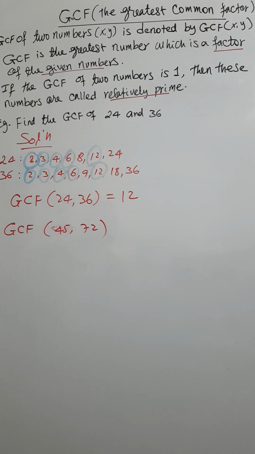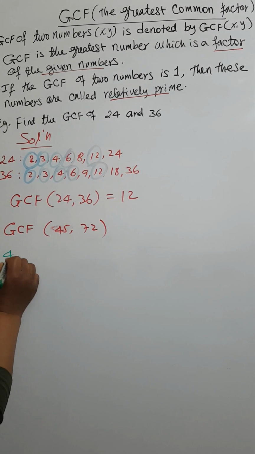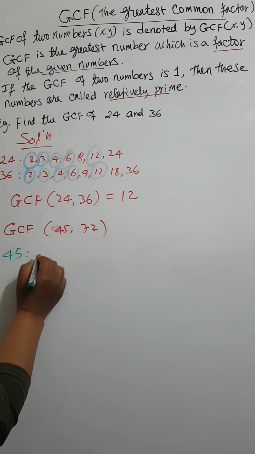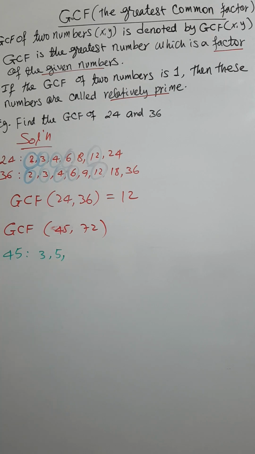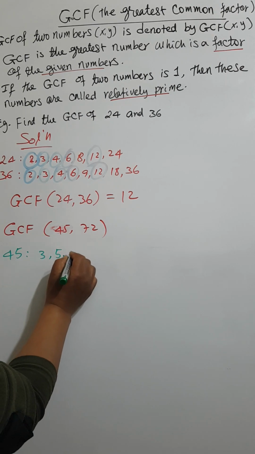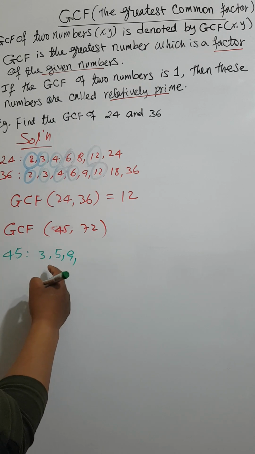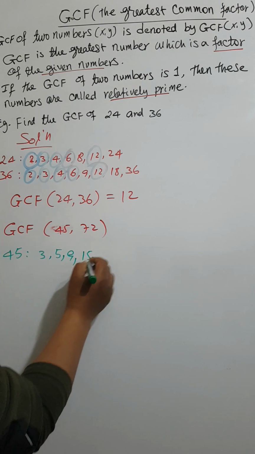The factors of 45 include 3, 5, 9, 15, and 45.